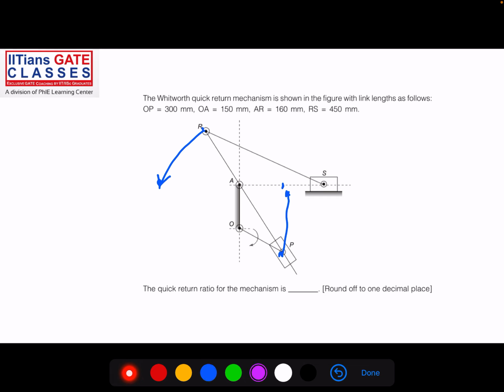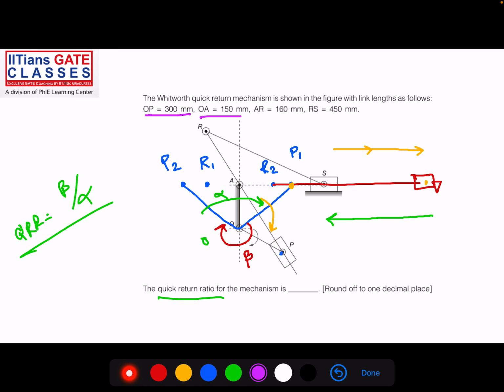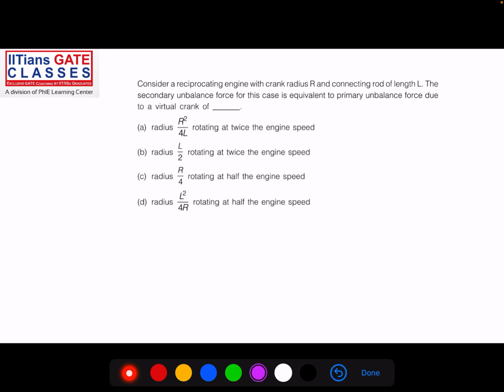And when the point P is somewhere here, R would have moved from this position and come somewhere here. So that will be the right extreme. This can be imagined without much problem, and if you can do that, you can easily come up with the answer.